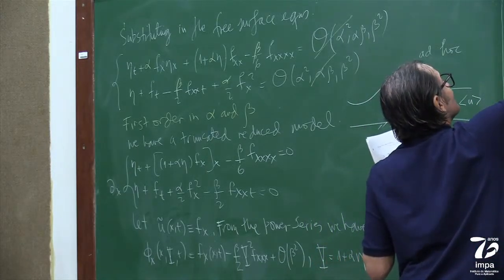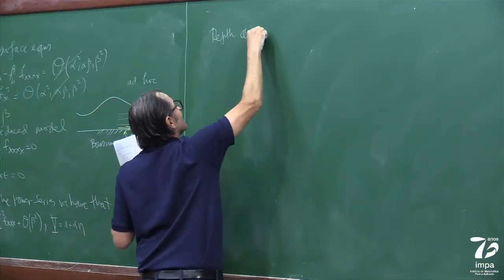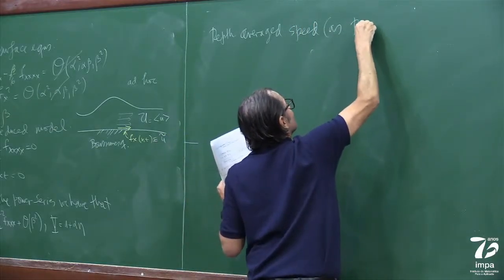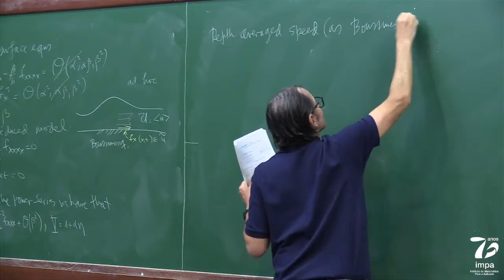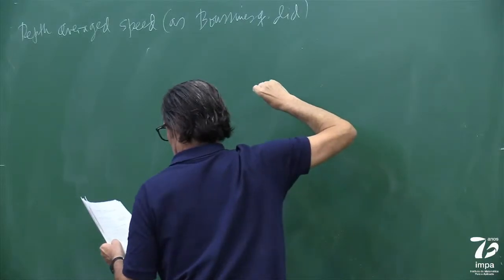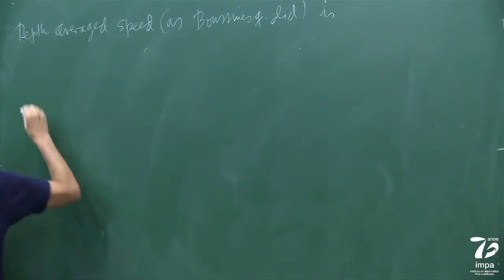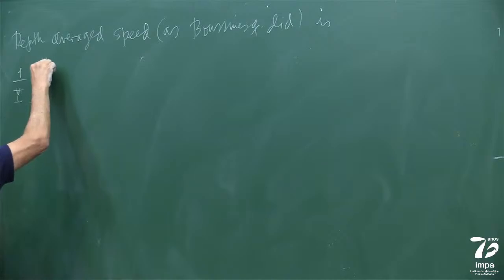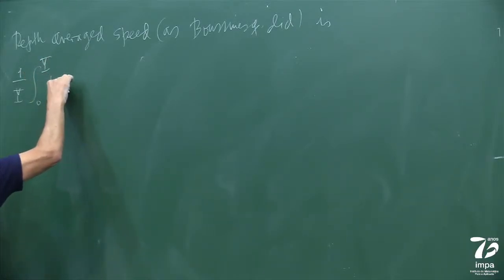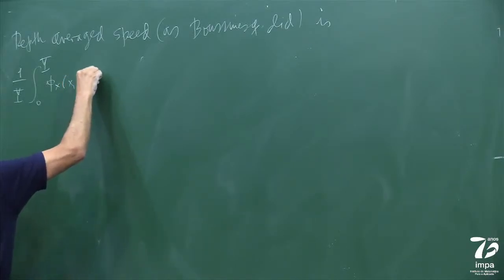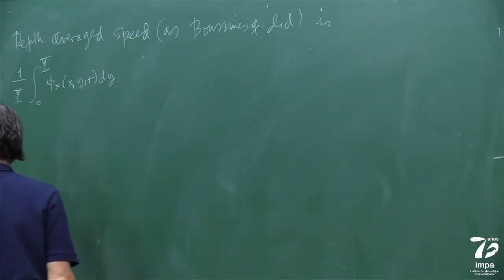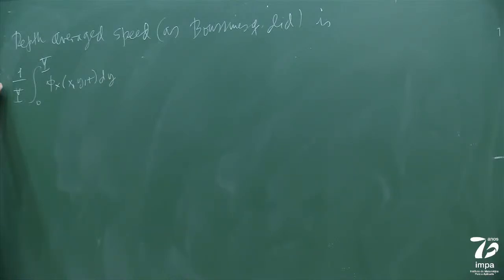So now, a depth-averaged speed, as Boussinesq did, is this, which I'm going to call capital U. Do you agree?